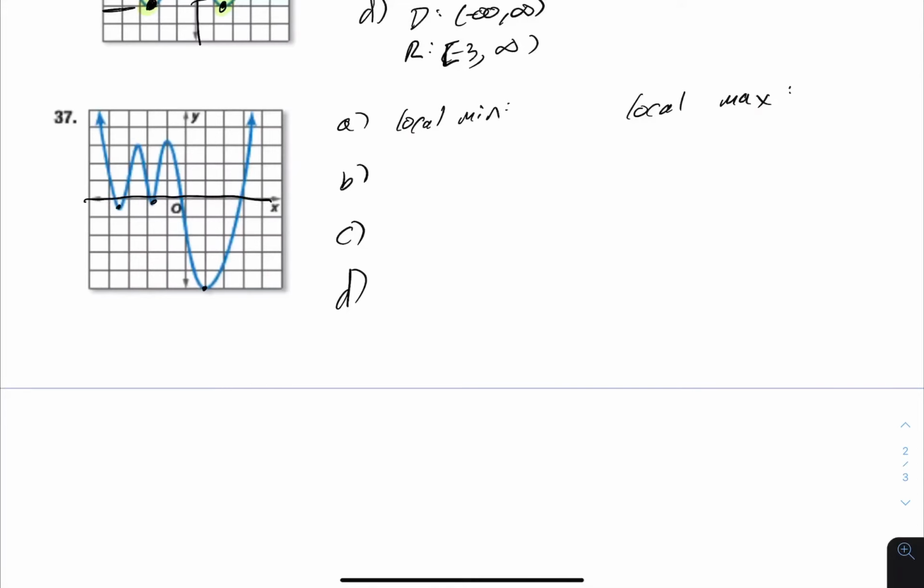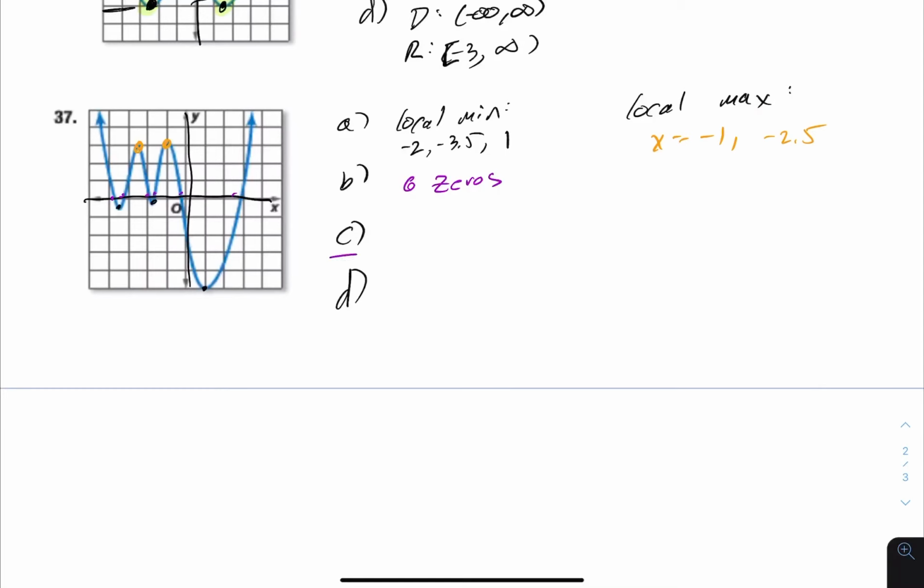It's so hard to see. So let's say -2 and -3.5. That looks like a +1. My local maxes are here, here, and that's it. So x equals -1 and -2.5-ish. My zeros, there's like 4 of them, 5, 6 of them. I'm going to say it's 6 zeros. I'm not going to say where they are, there's too many.